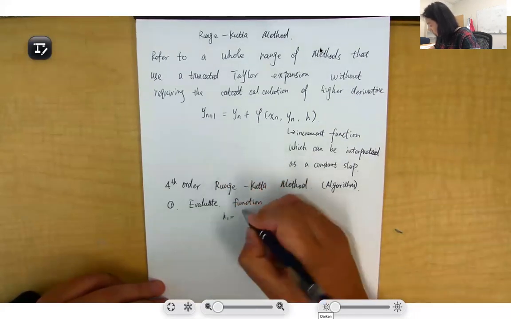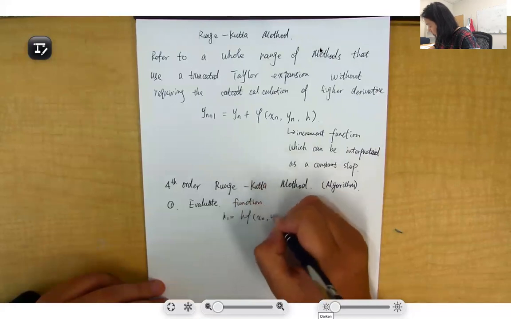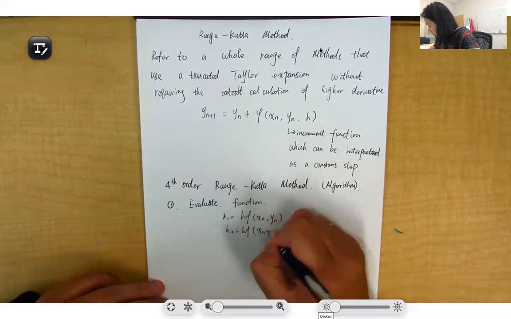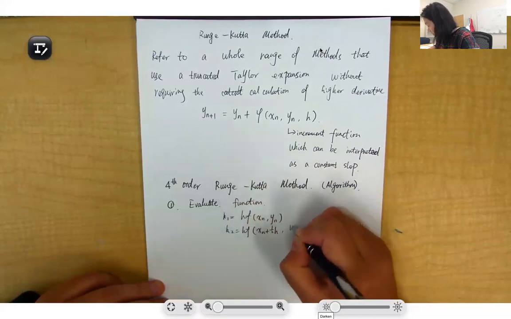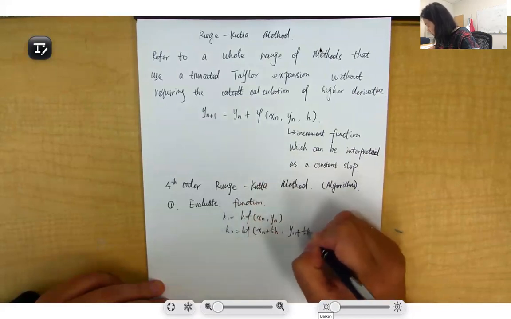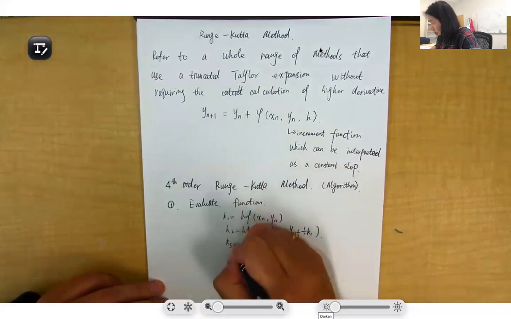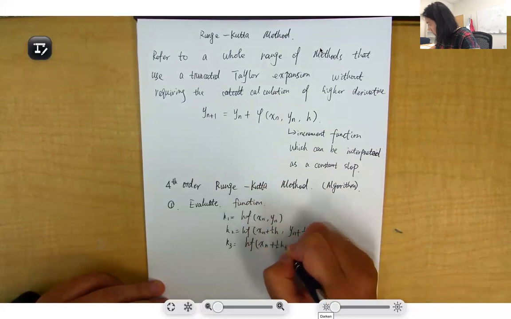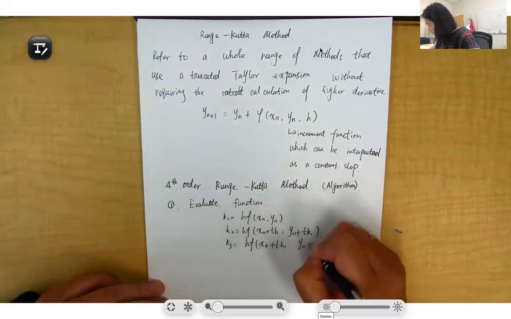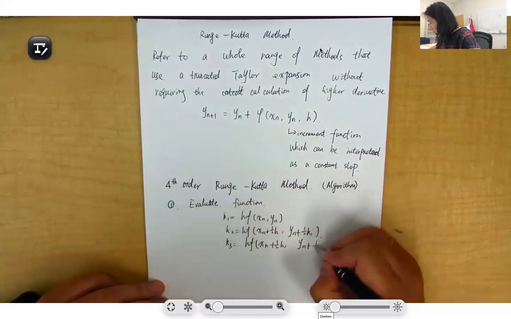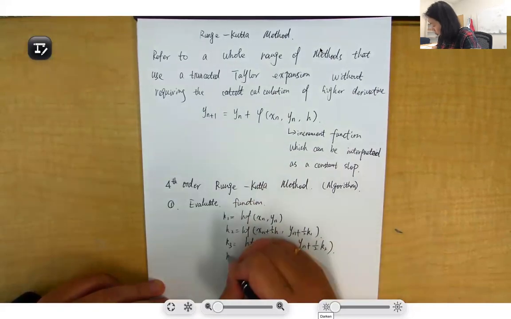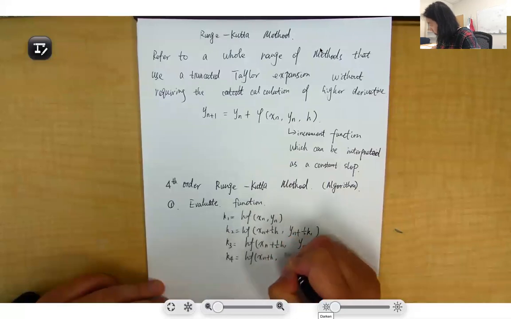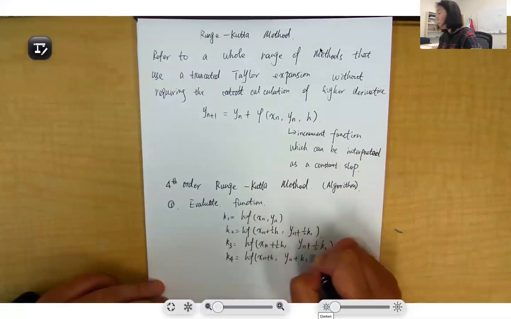K1 is h f(x_n, y_n). K2 equals h f(x_n plus half h, y_n plus half K1). K3 will be equal to h f(x_n plus 1/2 h, y_n plus 1/2 of K2). K4 will be equal to h f(x_n plus h, y_n plus K3).